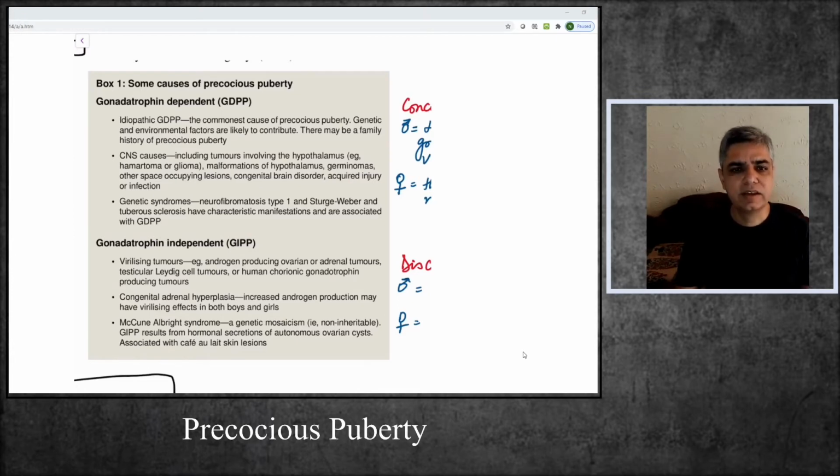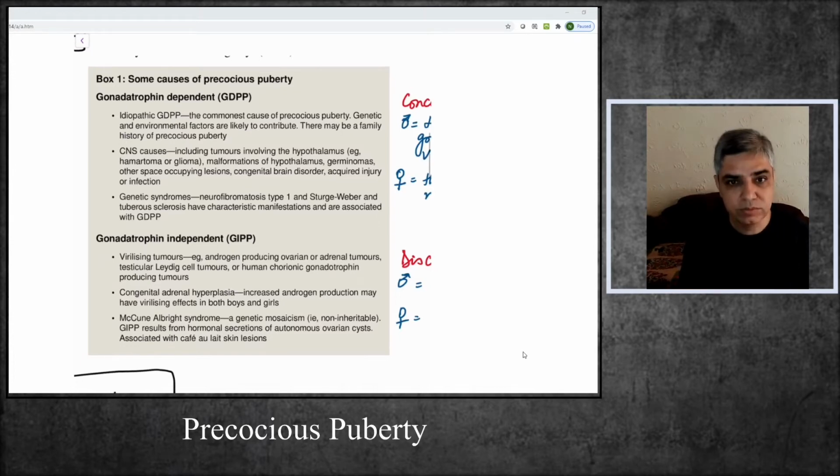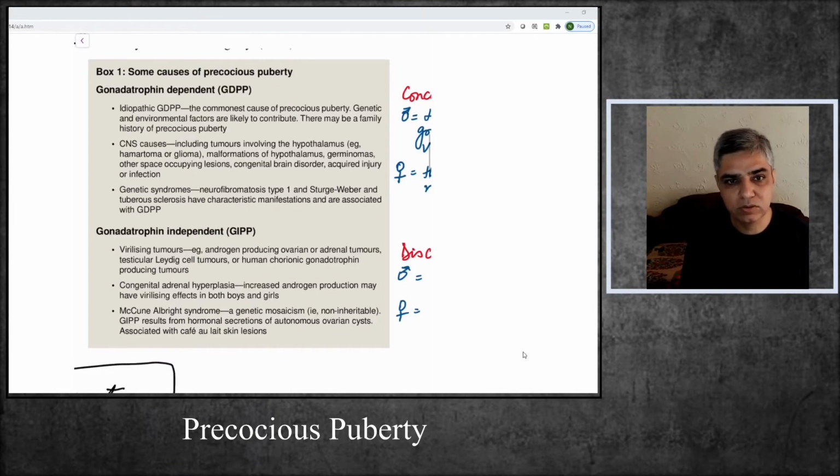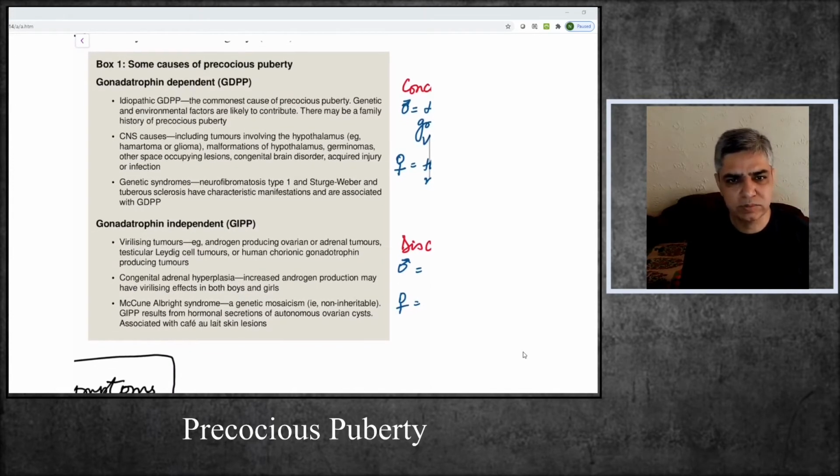Then the second category, which is usually rare, but still can cause precocious puberty, is where we have causes in the central nervous system. So central nervous system tumors, especially those involving the hypothalamus, like pituitary hamartomas or gliomas, or malformation of the hypothalamus, or CNS germinomas, or any other space occupying lesion, meningioma.